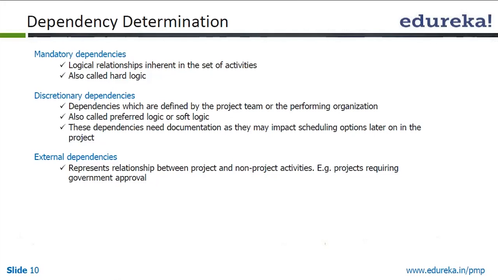Discretionary dependencies are dependencies which are defined by the project team or performing organization, also called preferred logic, and these dependencies need documentation as they may impact scheduling options later on. So what it means is we create certain dependencies specifically, like when we are putting carpet in a room.